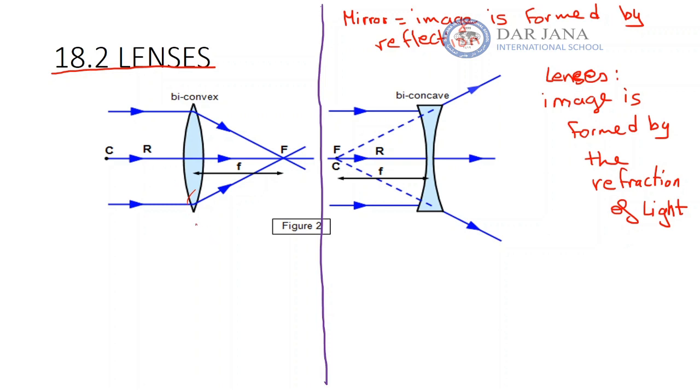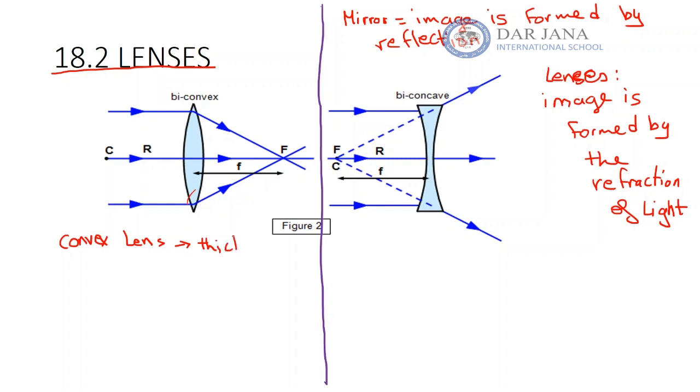We have two types of lenses. This is called a convex lens. The convex lens is thick at the middle and thin at edges.